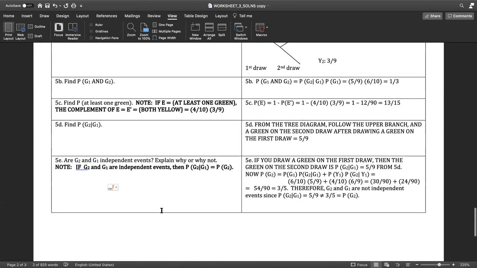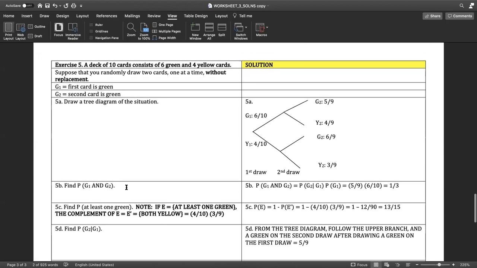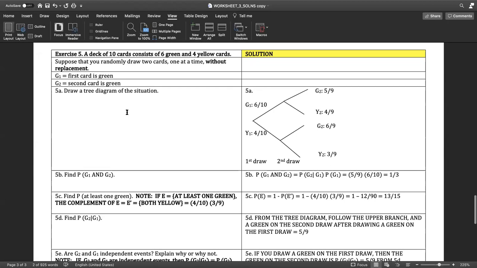Okay, now let's go to the last problem here. Let's see what we've got up here. We have a deck of cards. The number of cards in the deck is 10, and 6 of these cards are green, the other 4 are yellow. Now, we're going to draw 2 cards at random, one at a time, one after the other.